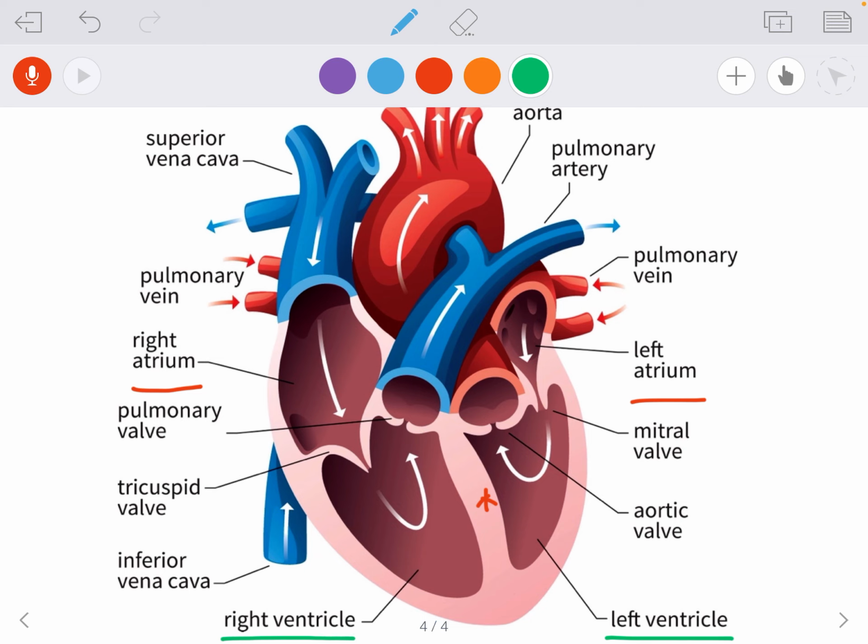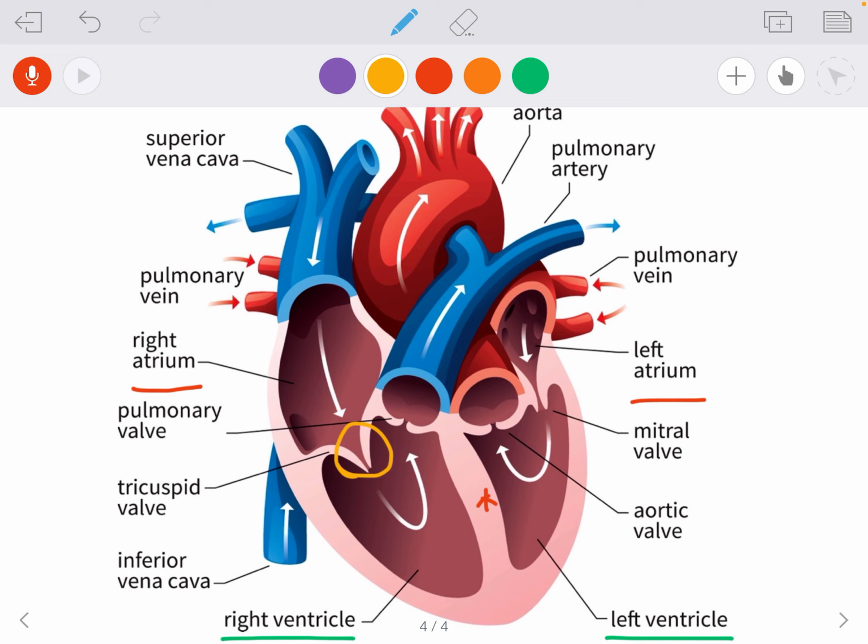Okay? You just focus on what I'm pointing. So this is the heart. What else? There are valves, which are tongue-like structures that can separate or connect different heart chambers.